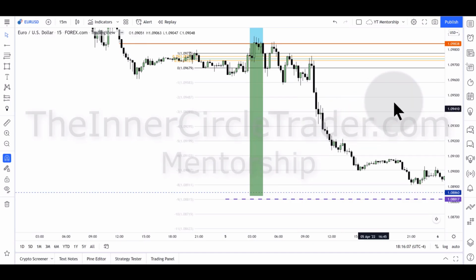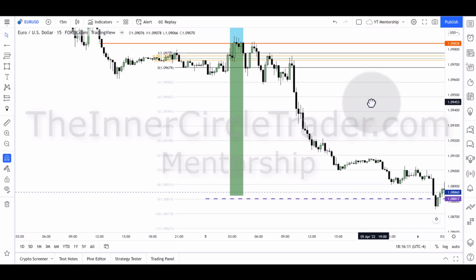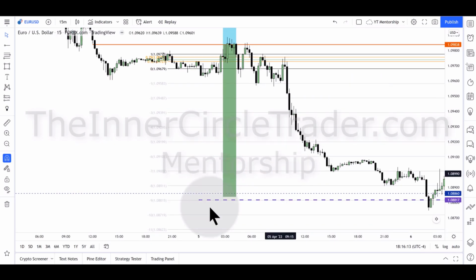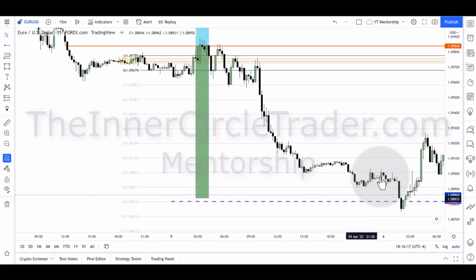So we have price trading into that level here on the 6th. So Tuesday's trading, Wednesday's trading, it trades into it there.